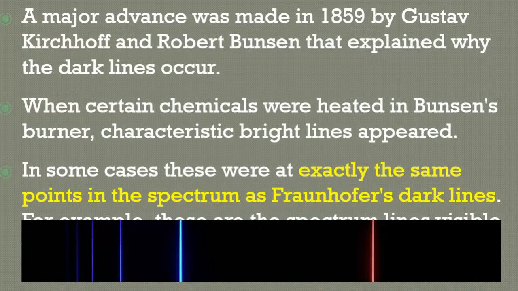What happens here is when you put the copper in the Bunsen burner, some energy from the flame interacts with the copper electrons, and the copper electrons get bumped to a higher energy level. They don't like being at a higher energy level, so as soon as you take it away, they drop back down. When they drop back down, they release the energy. That energy is released at a very discrete wavelength.